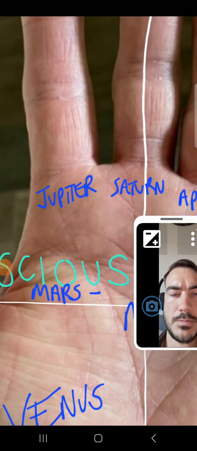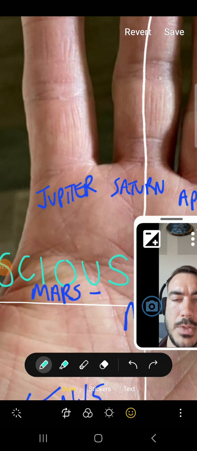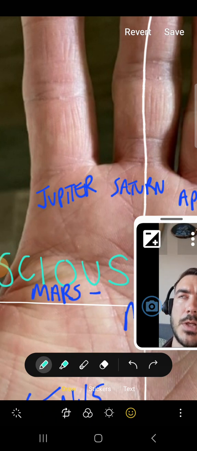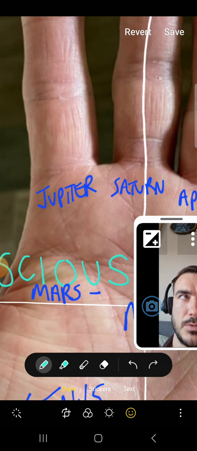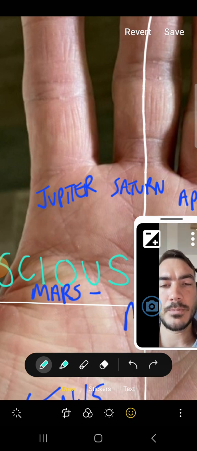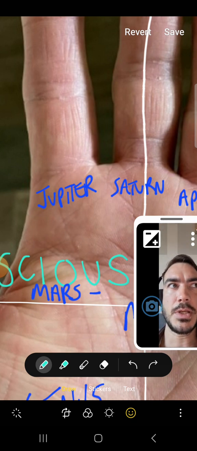So each mount of the palm represents certain characteristics and attributes and skills, developed, inherited, or otherwise. A mount ideally should be slightly elevated, firm to the touch, or at least have some sort of springiness to it.